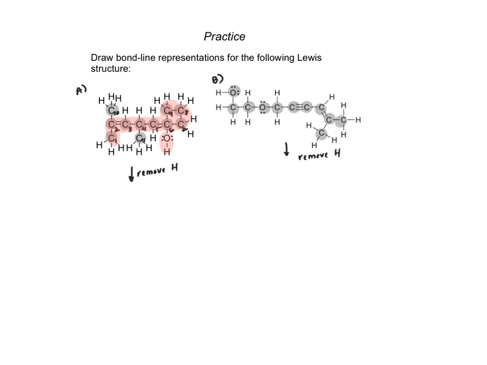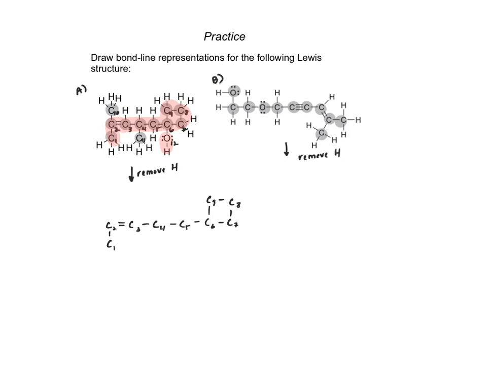So with that, I'm going to go ahead and remove all the hydrogens. We're going to have carbon 1 to carbon 2, which goes across. There's a double bond here to carbon 3, to carbon 4, to carbon 5, to carbon 6, to carbon 7, which goes up to carbon 8, across to carbon 9. We'll call this guy 11, we'll call this guy 12.